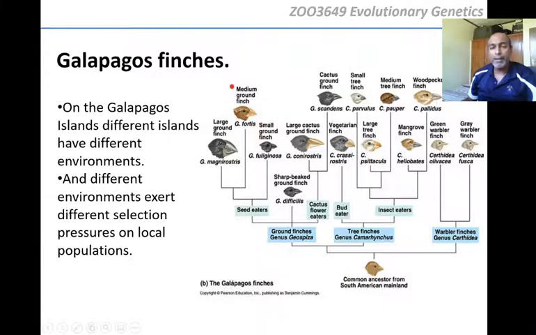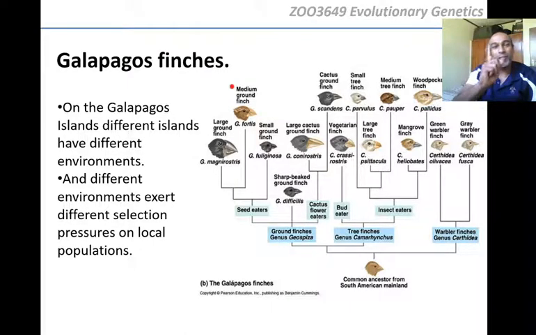So, depending on the environment of that island, what trees it had, what weather it had, determined which of these different shapes of beak was going to be the fittest. You can see on the different islands, the same one is not always the fittest.